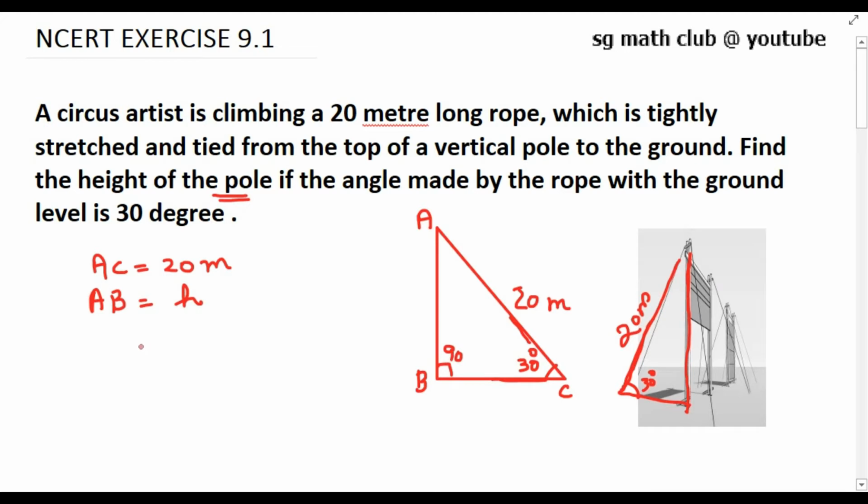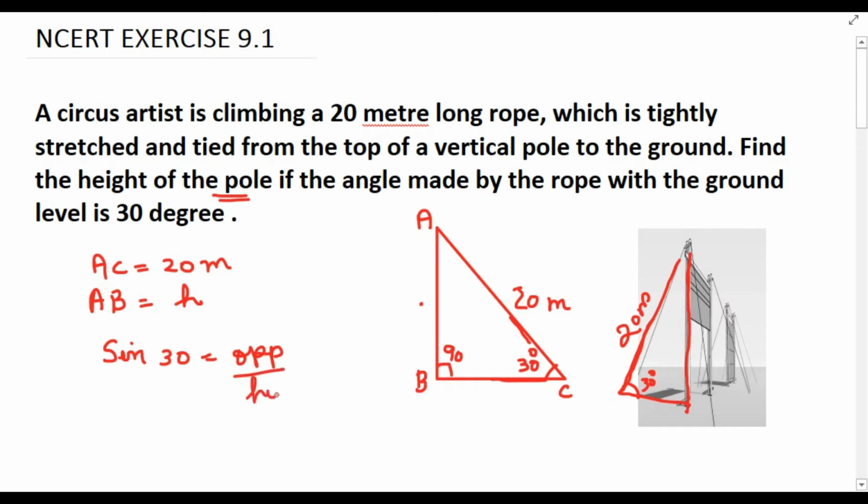Since it is right angle triangle, we can use any of the trigonometric ratios. So I am taking sine 30 because we need to find the opposite side, and hypotenuse already we have. We know the definition of sine theta is opposite side by hypotenuse.